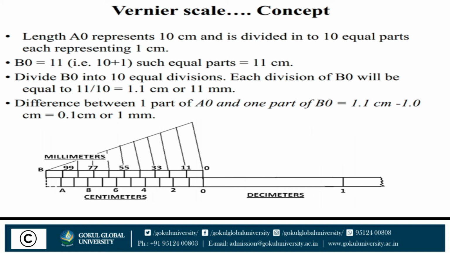Each division of B0 will be 11 upon 10, meaning 1.1 centimeters or 11 mm. The difference between one part of A0 and one part of B0 is 1.1 centimeters minus 1.0 centimeter, which is 0.1 centimeter or 1 mm. Now the figure shows millimeters, decimeters and centimeters.